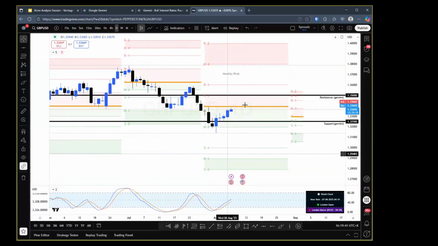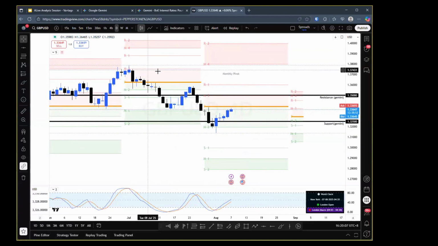R2 and S2 are an equal distance from the pivot, and the distance is last month's range, from last month's high to last month's low. Pivot to R2, pivot to S2. S1 and R1 are just a flip, which means that the distance from last month's high to the pivot will be the same distance from the pivot to S1.